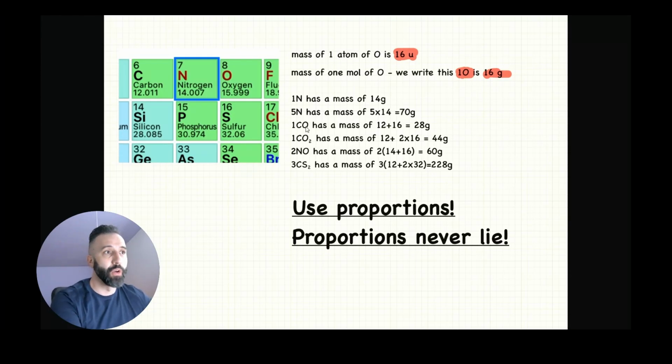So 1CO has a mass of 12 plus 16, right? And you can see where this is going. Whatever you put in front is the number of moles, and that multiplies everything that you add and multiply to get the mass of that compound.